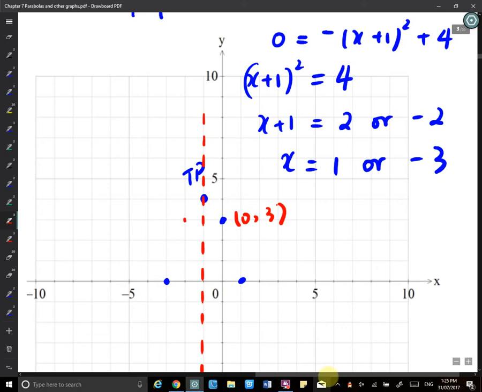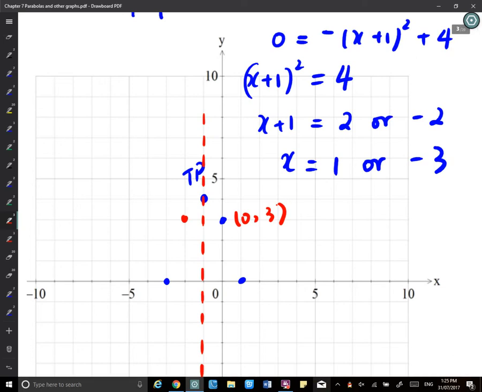It's 1 unit away from the line, and I can go 1 unit away to that side as well. You don't really need to label it, but if you label all the symmetrical points, your graph will look more symmetrical and better.